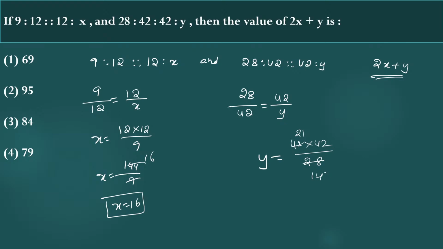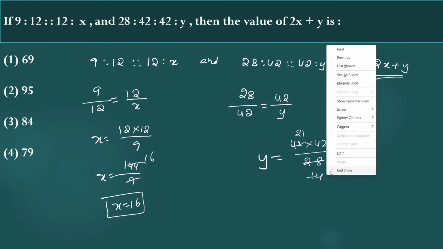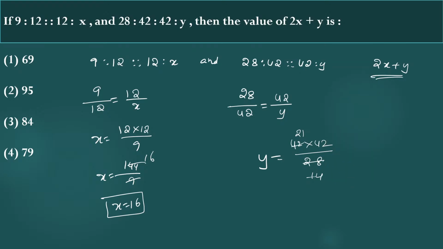And 14 ones, 14 threes. So 21 into 3, 63. So y is equal to 63.